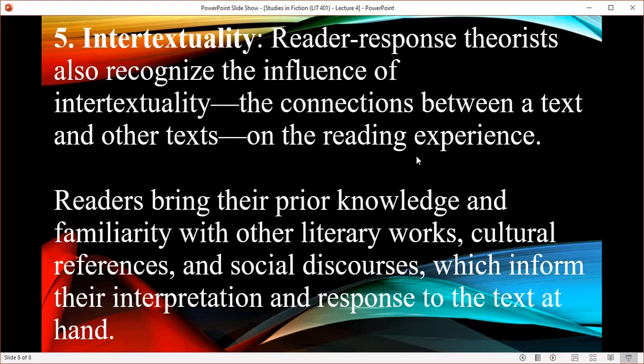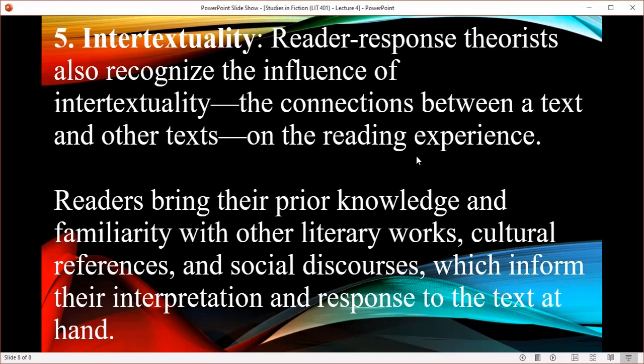Here we have looked at reader response theory, and emphasis has been on the fact that the interpreter of the text is actually the reader. The work of interpreting a text to mean what it's supposed to mean is given to the reader based on his or her past experiences or prior knowledge.